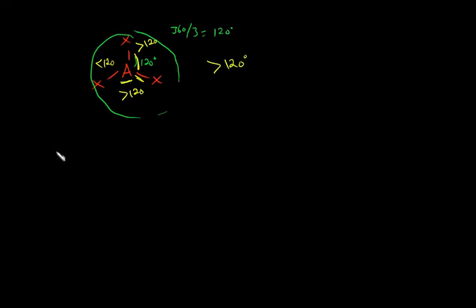So let's just have formaldehyde, CH2O. If we form this CH2O, we know that C will be in the middle, and we will have hydrogen here and hydrogen here.